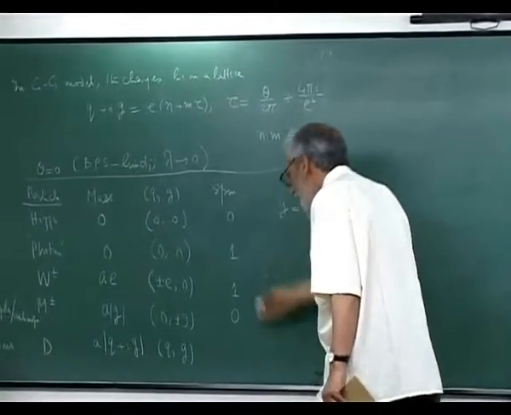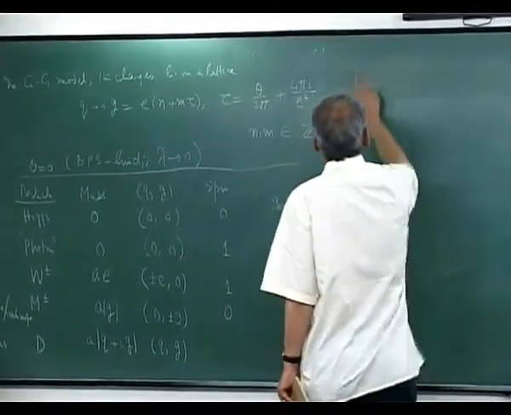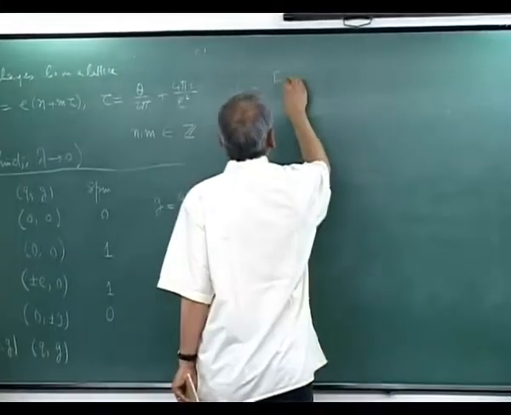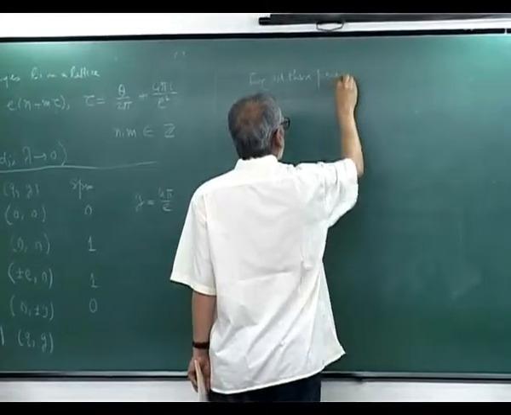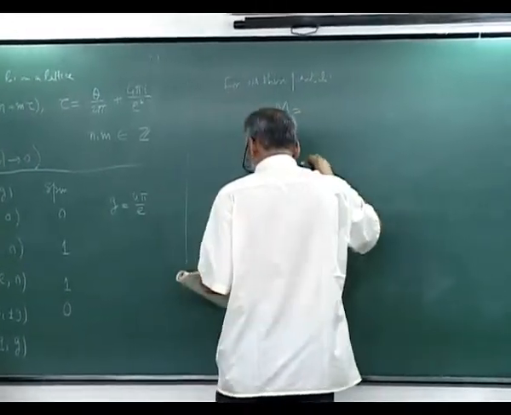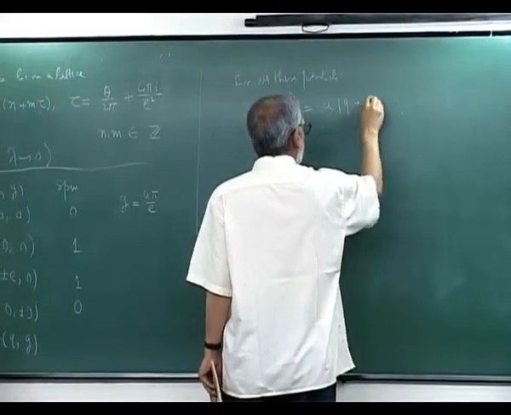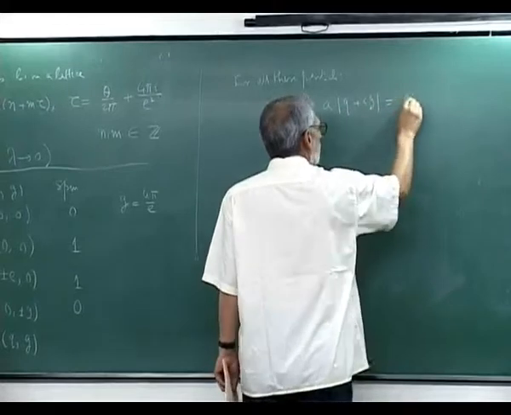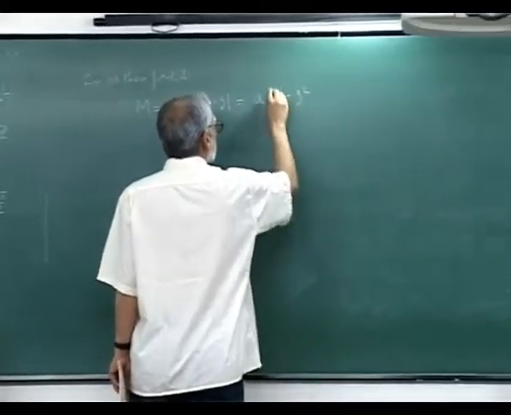Notice for the whole spectrum, for all these particles or states, the mass is always given by a times the modulus of q plus i g, that is a times the square root of q squared plus g squared.